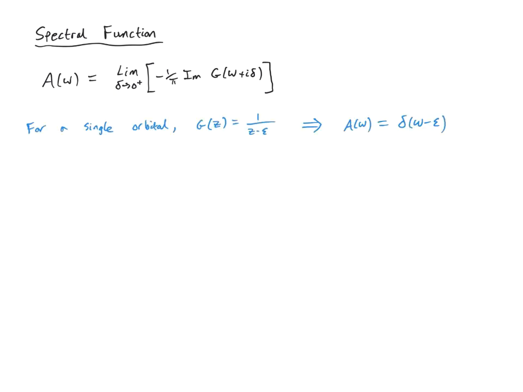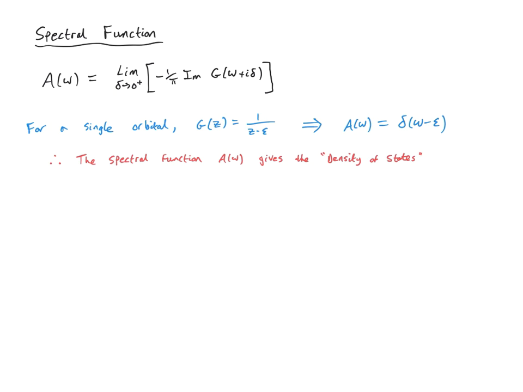For a single quantum orbital, we derived that the retarded g of z is equal to 1 over z minus epsilon, which gives a spectral function a of omega that is simply the delta function delta of omega minus epsilon. The spectral function a of omega gives the so-called density of states. Now, for the simple case that we've considered involving a single quantum orbital, the spectral function is simply a delta function. This is a very trivial example.